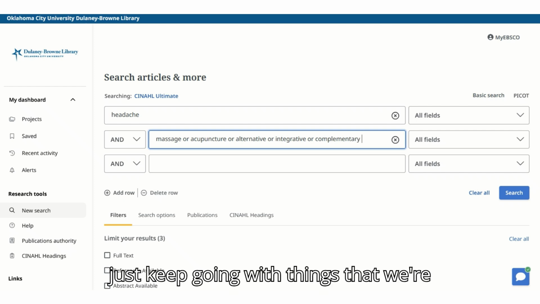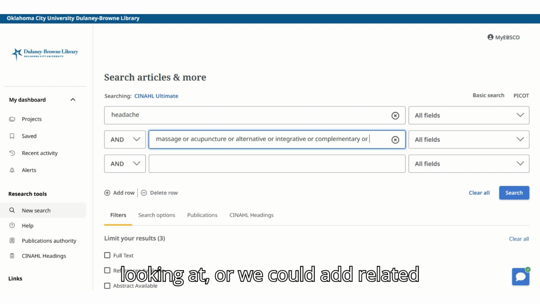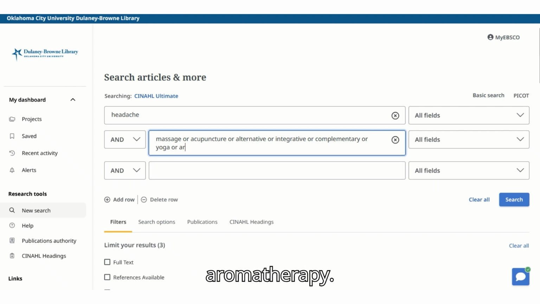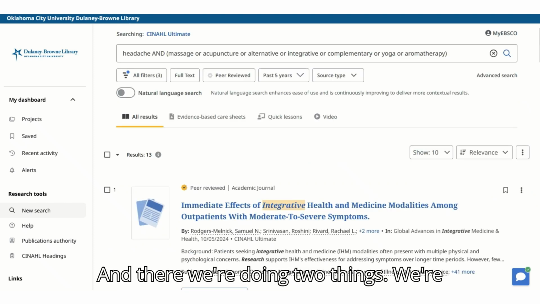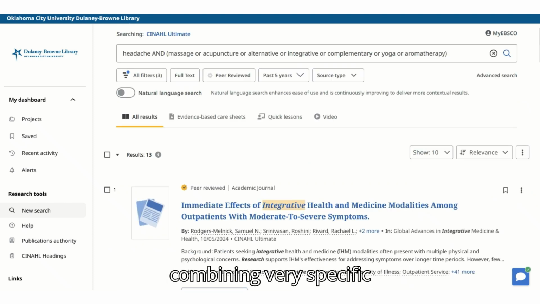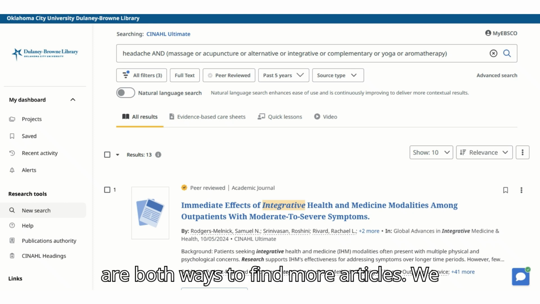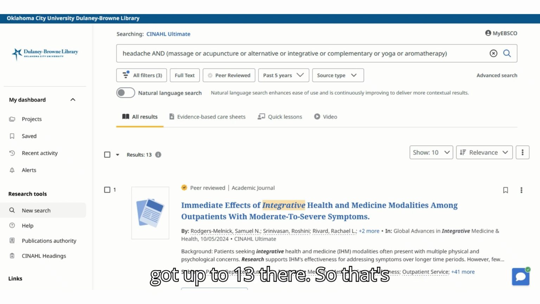And we can just keep going with things that we're looking at, or we could add related things like yoga or aromatherapy. And there we're doing two things. We're combining very specific related things and more general related things. And so those are both ways to find more articles. We got up to 13 there. So that's one way to go.